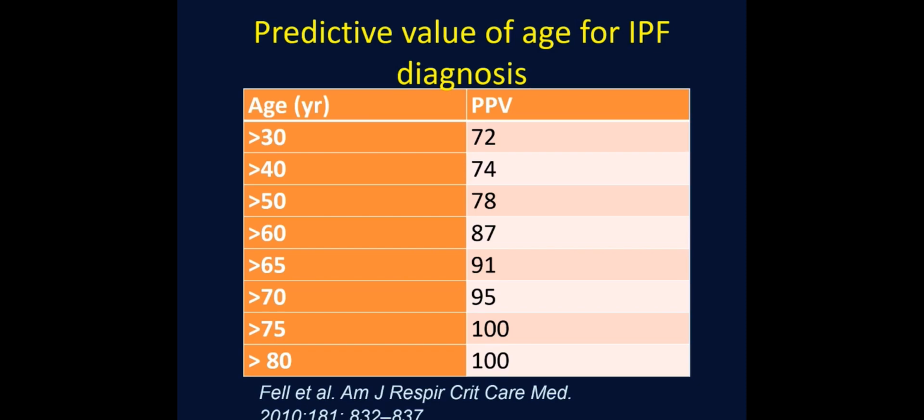One important point for you to be aware of is that the probability of IPF as a diagnosis increases dramatically with age. If you are reading a scan in a patient that's less than 50, you should be cautious about making this diagnosis. But if you have a patient that's over 70, the pretest probability of UIP is very high in that context.